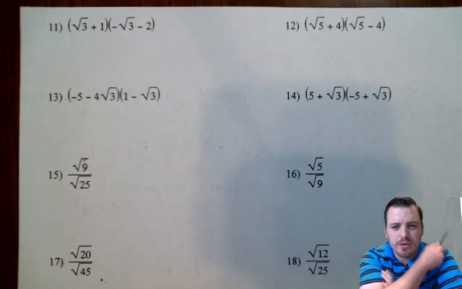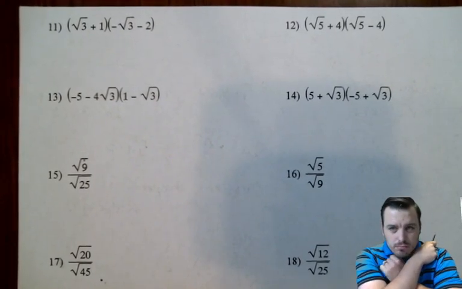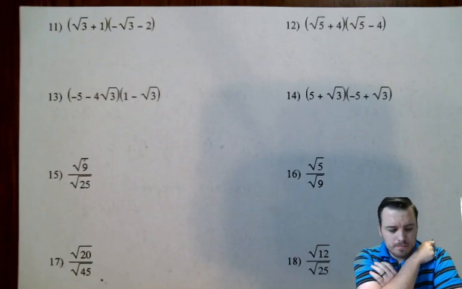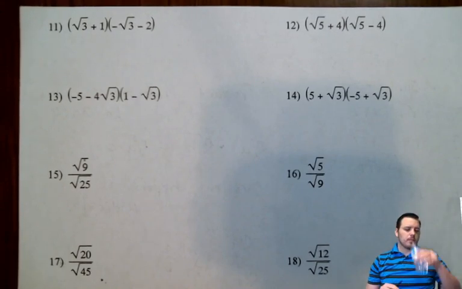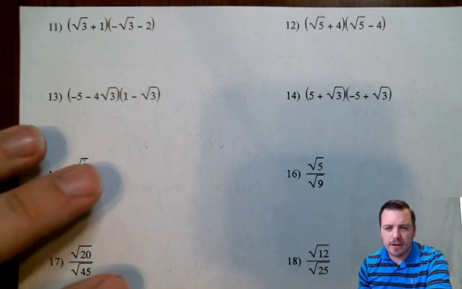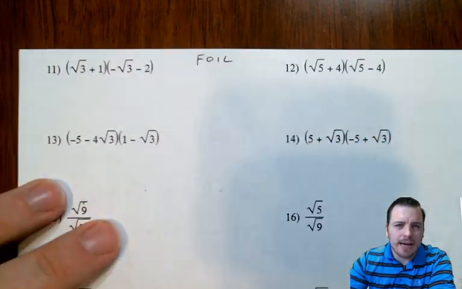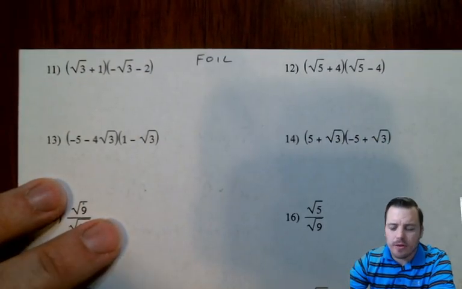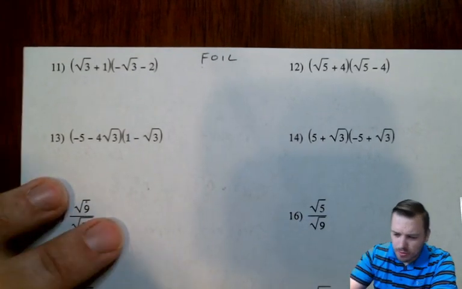Someone tell me what we're going to do with 11 through 14. What is that acronym? Very good, Tara. FOIL. We will use FOIL here. When you have a binomial times a binomial, we will use FOIL. First, outer, inner, last. Very good, Molly. FOIL. So we FOIL this.